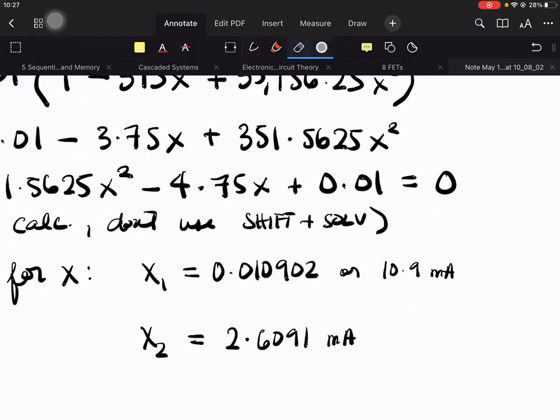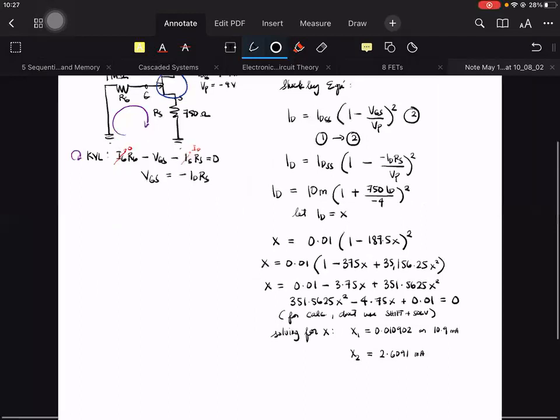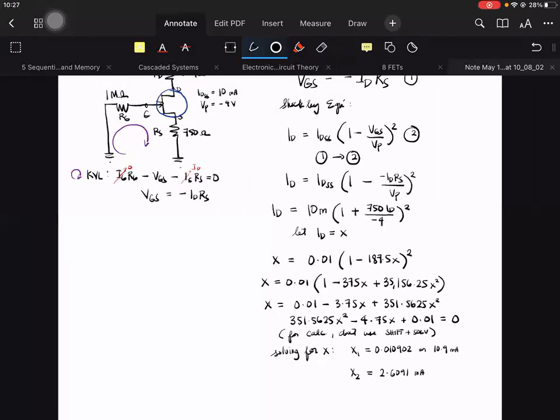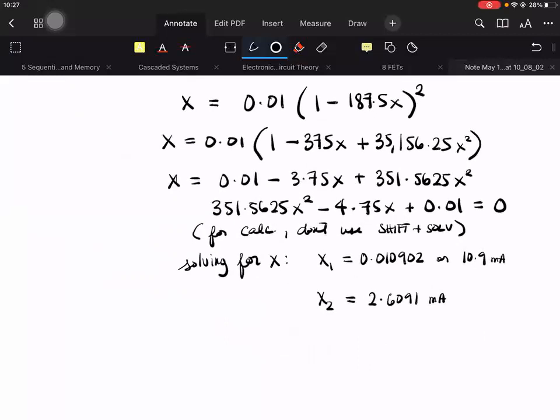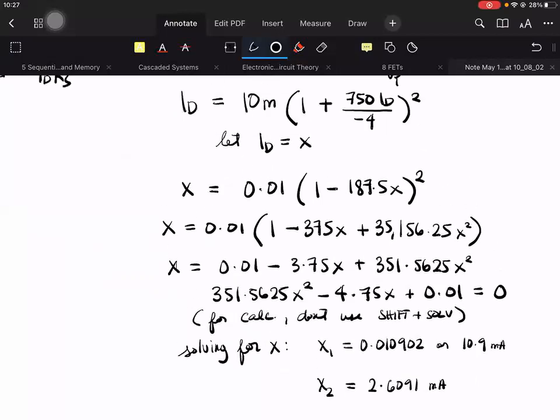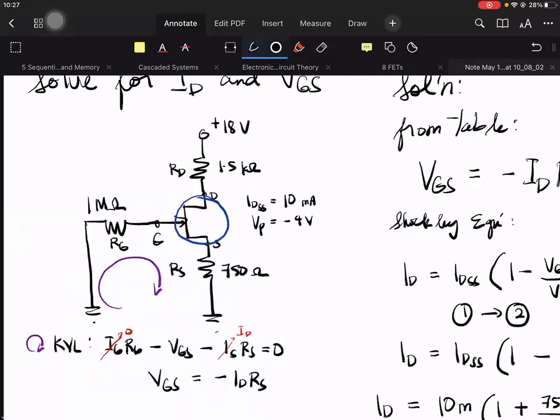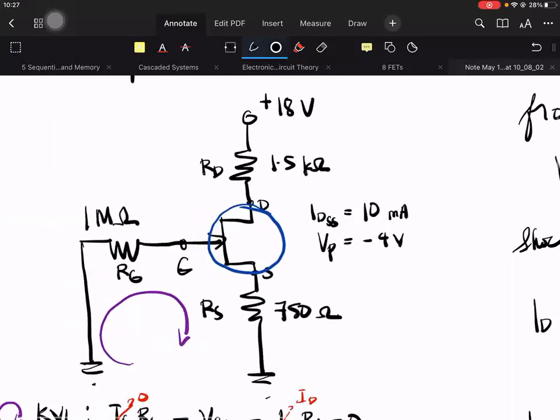So which of the two will we use? Greater, sir. Greater. So I'll give a clue. Actually, we already have the device characteristics: IDSS equals 10 and VP is -4.